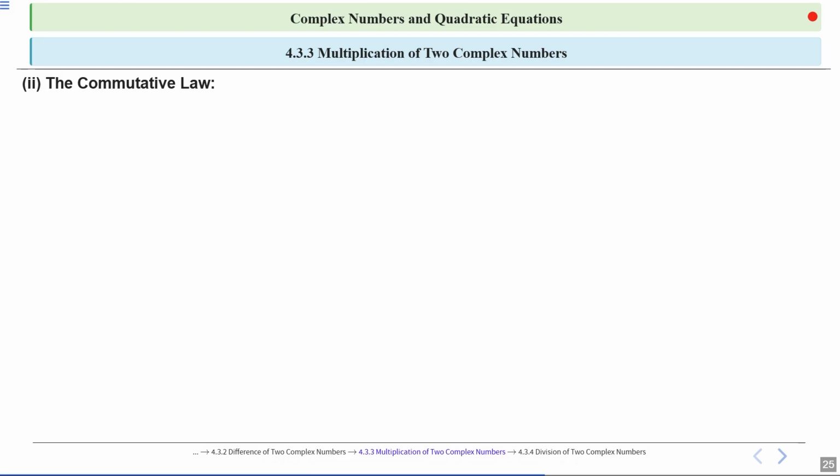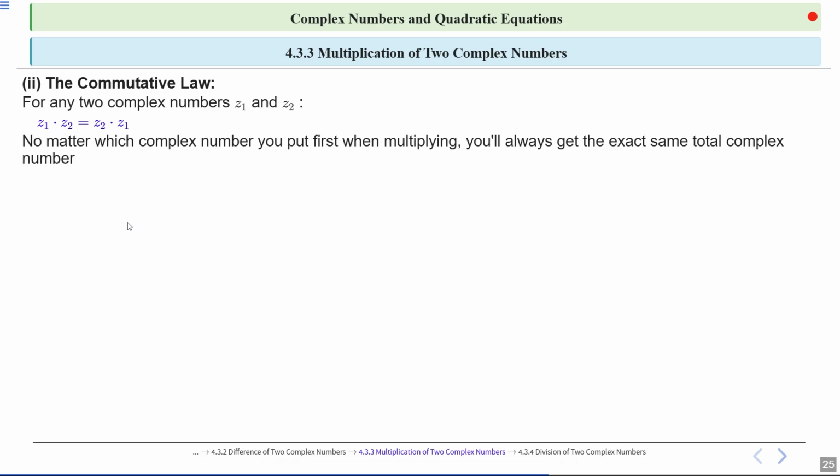Then we will look at the commutative law. For any two complex numbers z1 and z2, z1 multiplied with z2 equals z2 multiplied with z1. Notice how with complex numbers, just like with regular numbers, the order in which we multiply doesn't affect the outcome.